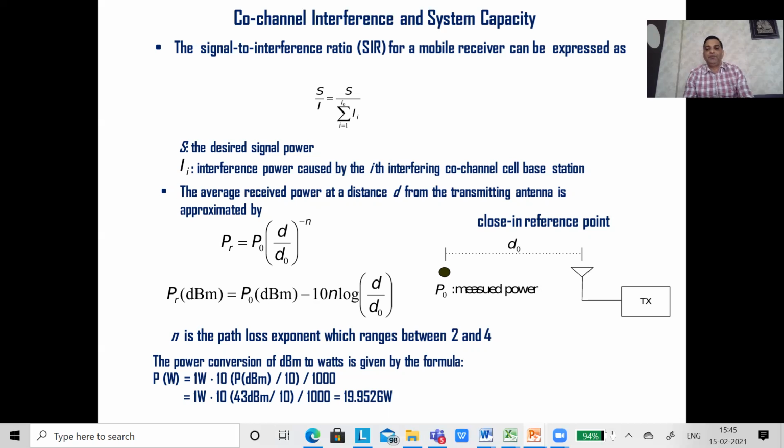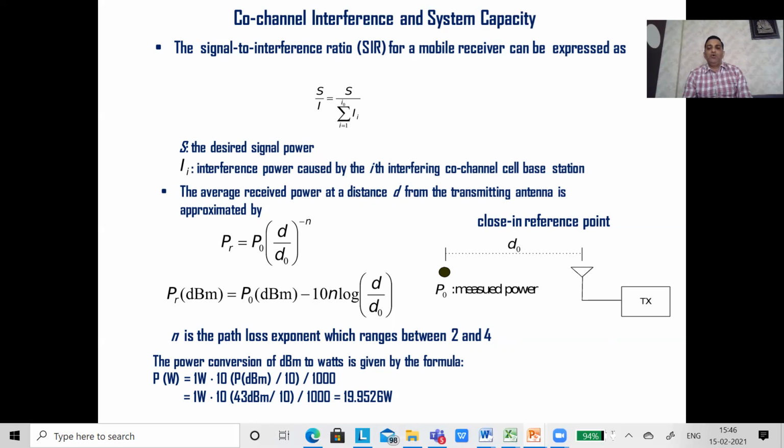base station. So if you say there are 7-cell reuse pattern, in 7-cell reuse pattern, 6 cells are located around and there is a single cell which is located at the center of 6 cells on the circle.